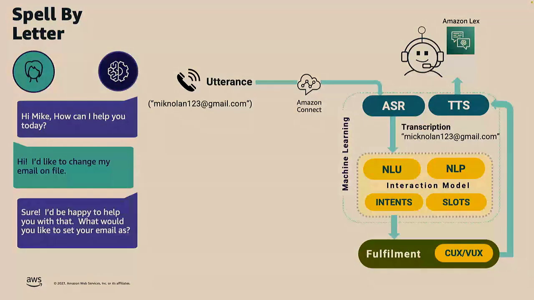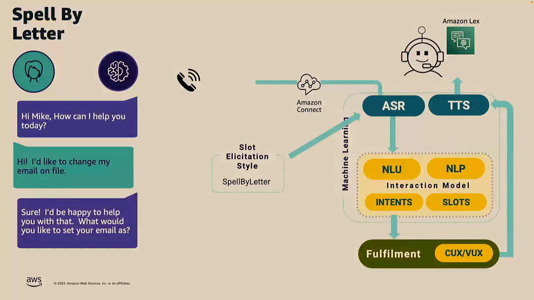And the bot might transcribe to something like this, right? Well, no, that's not quite what I meant. So when the bot comes back and confirms, I'm going to say no, that's not how I spell it. And as a retry, we can use the elicitation style of spell by letter.